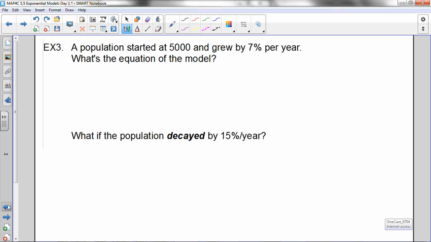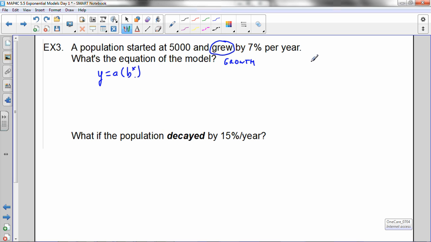A population started at 5,000 and grew by 7% a year. So it's exponential growth, right? And so I know that it's going to be of this form. That form where B is going to be more than 1, right?